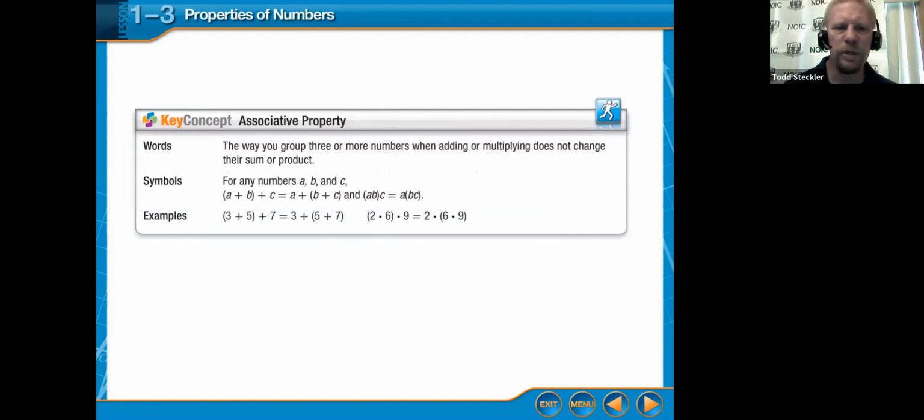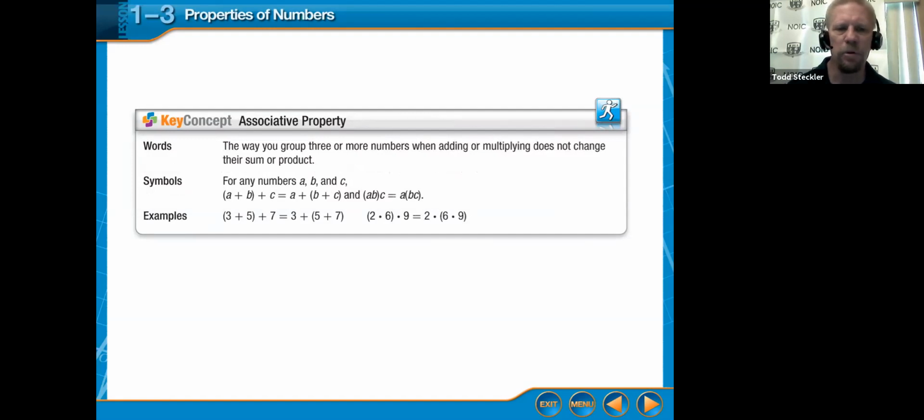And another property that we've had before in earlier math classes is called the associative property. And the associative property means that when you're adding or when you're multiplying, you can group. In other words, with parentheses, you can change the grouping symbol locations and you'll still get the same result.